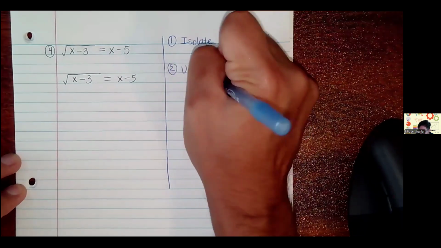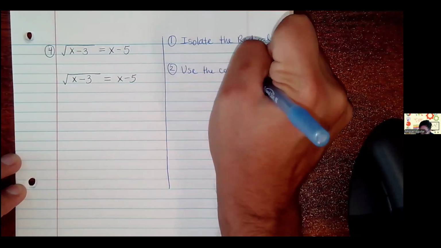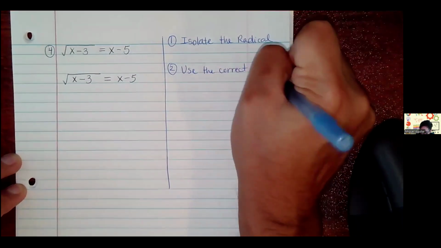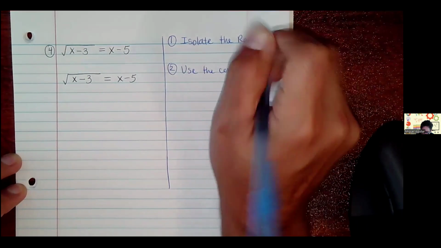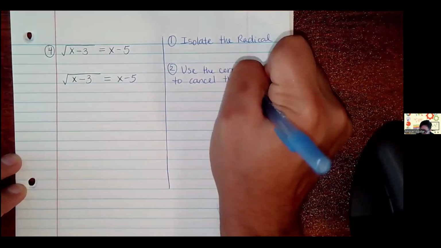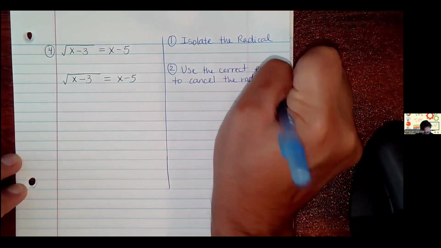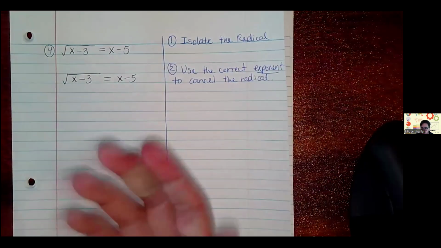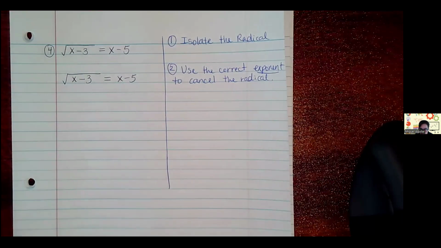use the correct exponent to cancel the radical. And so take a moment and ask yourself, what's the radical here? What is its index? And then what exponent is going to cancel that out?